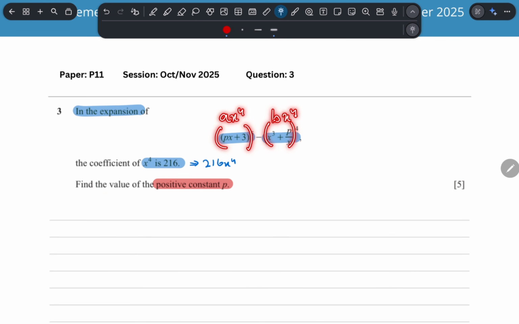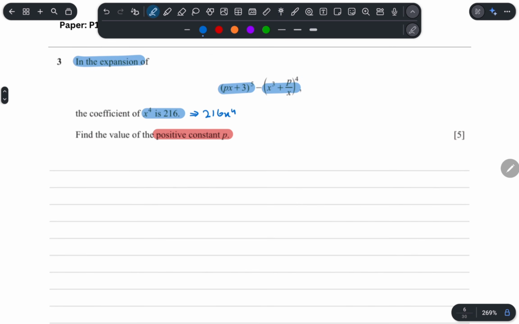When we do get these two values, what we just need to do is subtract those two values, and we'll get 216x^4 as given in the question. I hope that makes sense, and let's just expand these terms first. So let's write this down as (px + 3)^5 − (x^3 + p/x)^4.